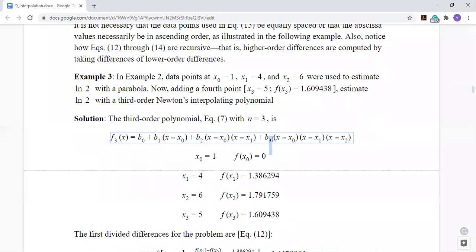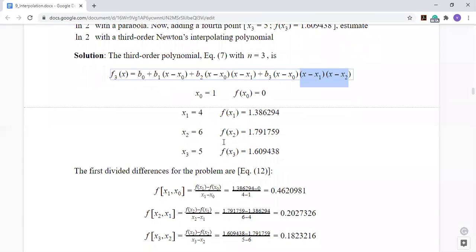You have 3 coefficients we want to derive, and it's of these 4 terms: B0, B1 times x minus x0, B2 times x minus x0 multiplied by x minus x1, and B3 times x minus x0 multiplied by x minus x1 multiplied by x minus x2. So we need this to get B0, B1, and B2.